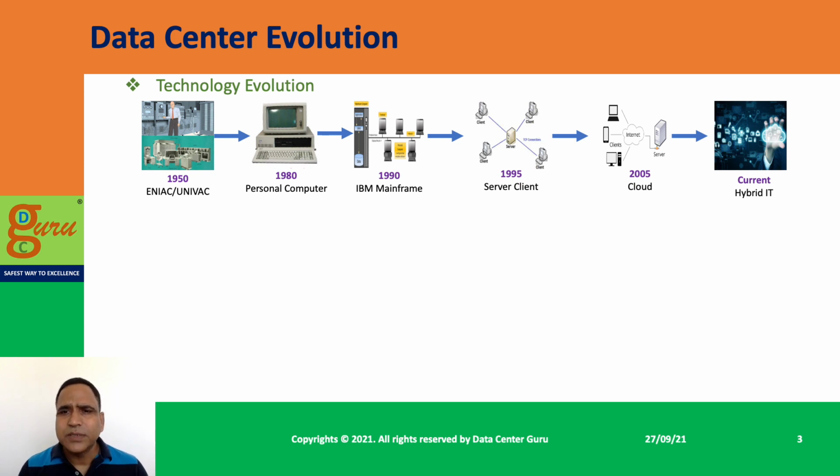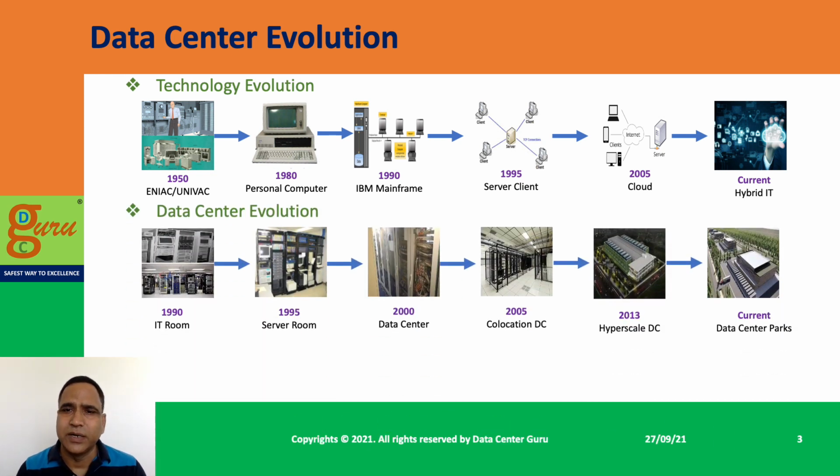Obviously, why are we seeing this buzz so much around data center? Because technology has evolved from 1950 to now 2021, from a normal UNIVAC machine to now complete hybrid IT solutions, where it has become a completely technology driven business.